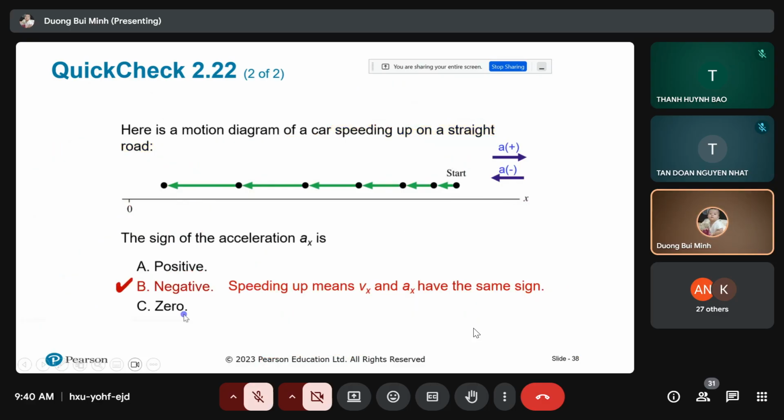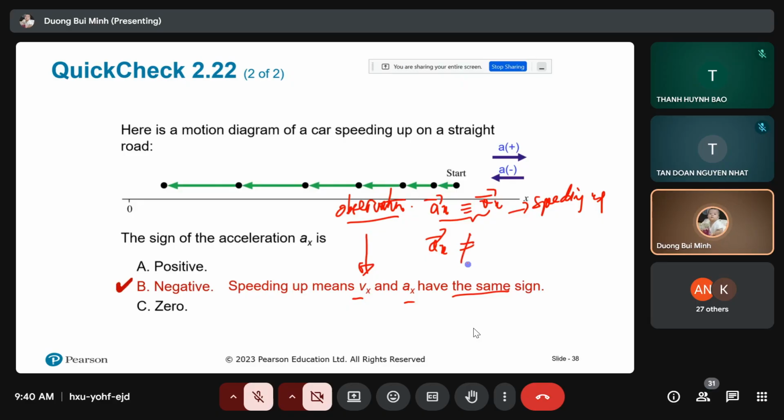Speeding up means Vx and Ax have the same sign. If Vx is negative, Ax is negative. So now we have the observation, very important. If Ax has the same direction as Vx, maybe positive or negative, that means speeding up. If Ax is different from Vx, we have slowing down.